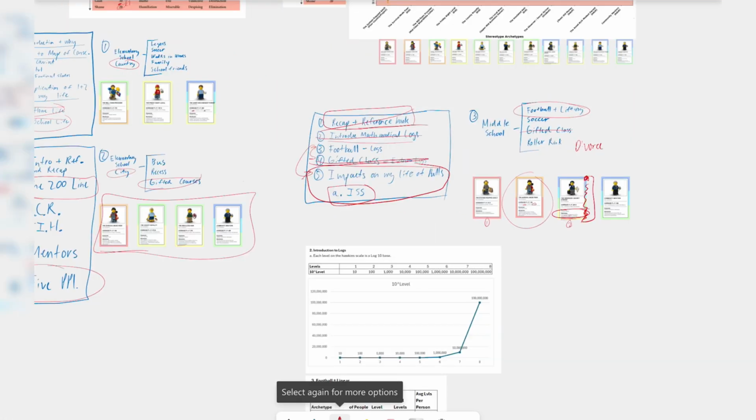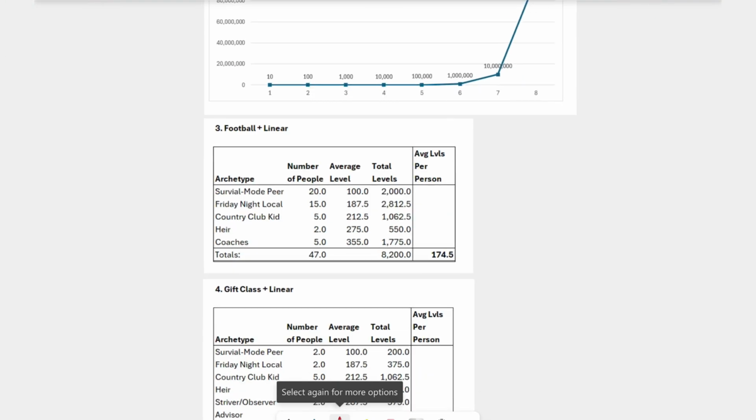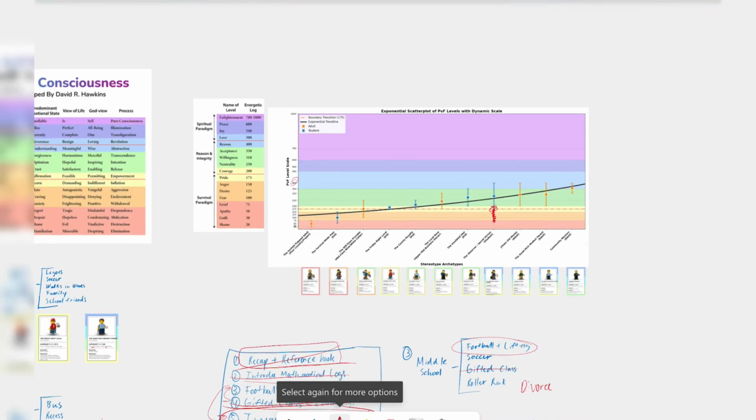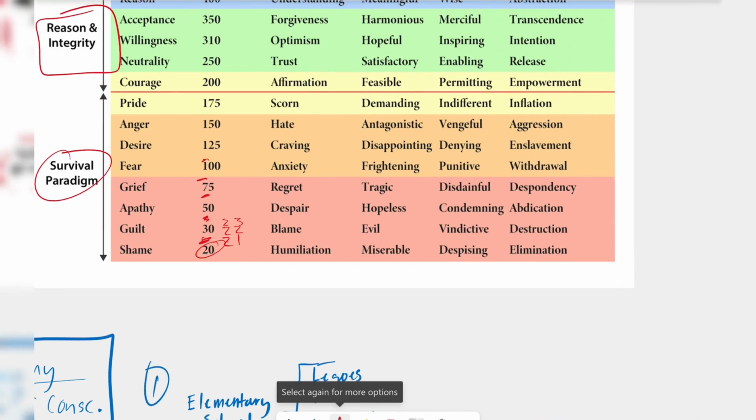So now we've concluded explaining how logs contribute to the levels environment, to the levels dynamic, and we've realized that to escape and to go from level 50 to just above survival is actually a very, very challenging feat. It truly is.